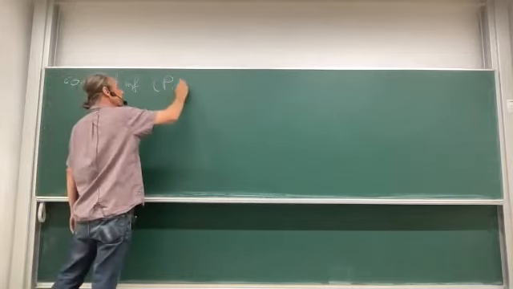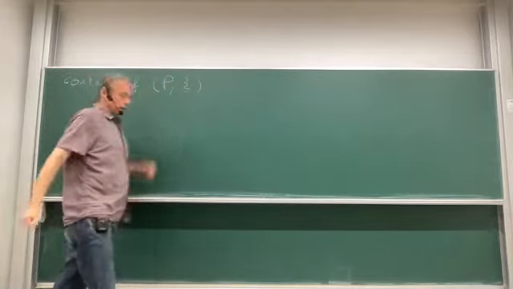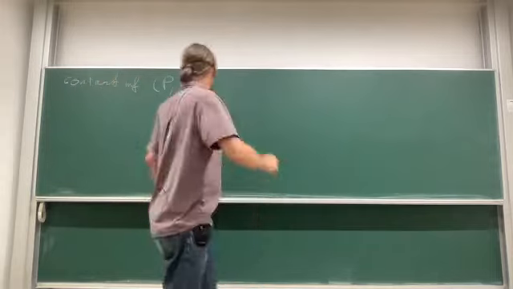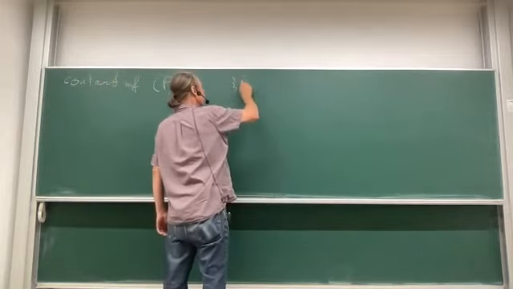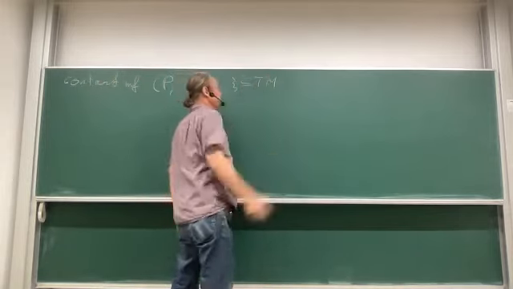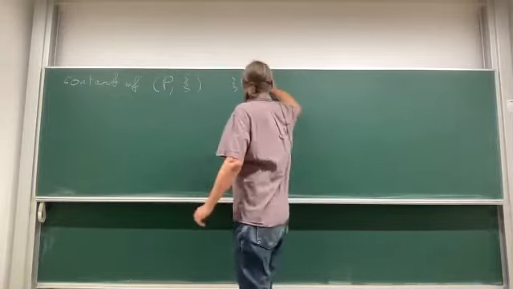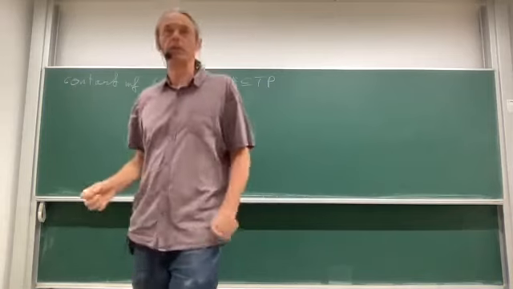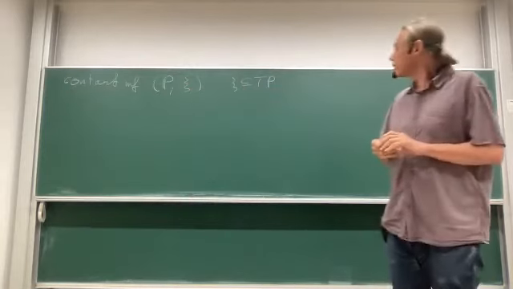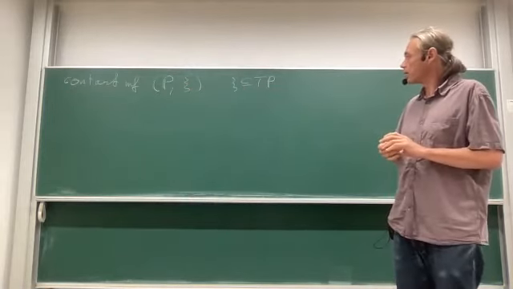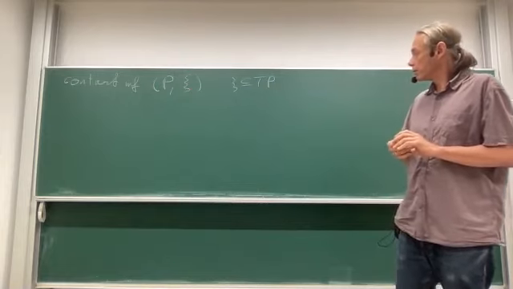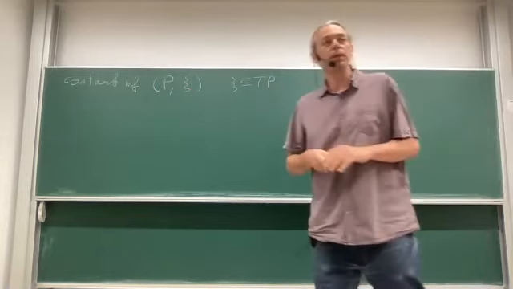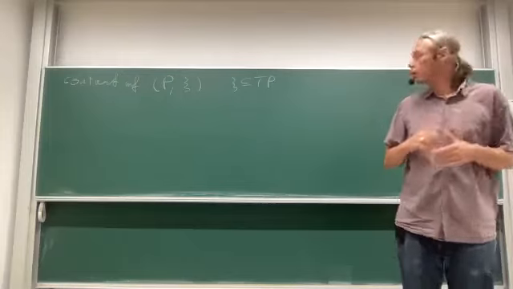A smooth manifold P and then a hyperplane field psi, a co-rank 1 subbundle in the tangent bundle. So the contact manifold will be called P all along today, and psi will always be the contact plane field. This is supposed to be maximally non-integrable.